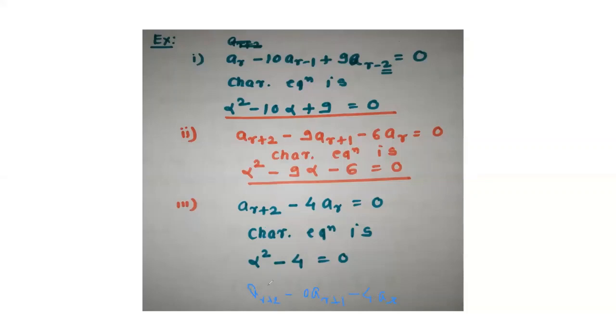So a_(r plus 2) gives alpha square, and this is your constant term 0, so 0 into alpha raised to 2 minus 1. This is the 0 term. So alpha square minus 4 is equal to 0. This is your characteristic equation. In the next lecture, we will see how to find the characteristic roots.